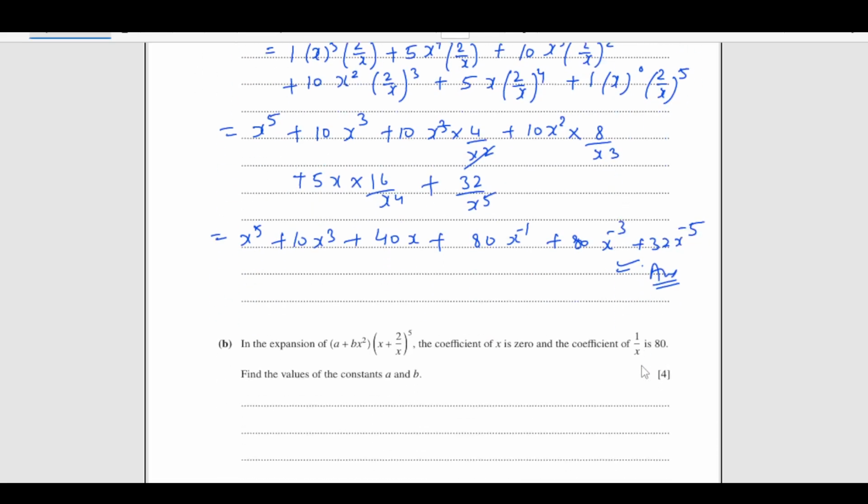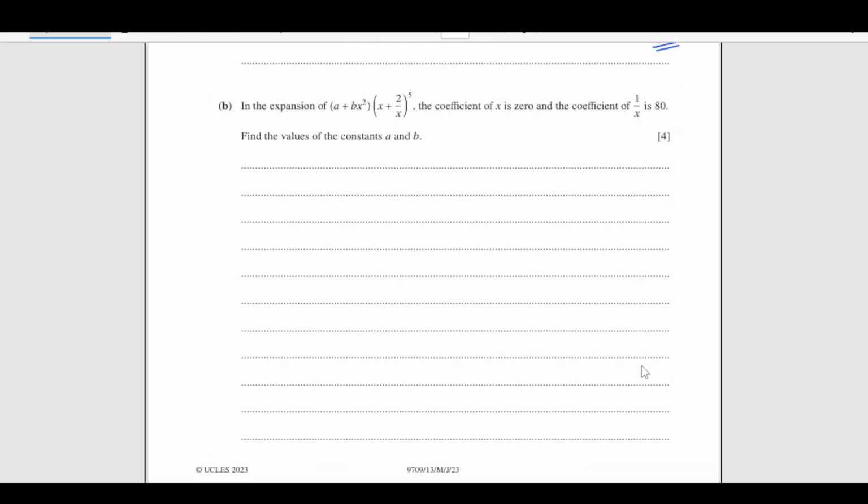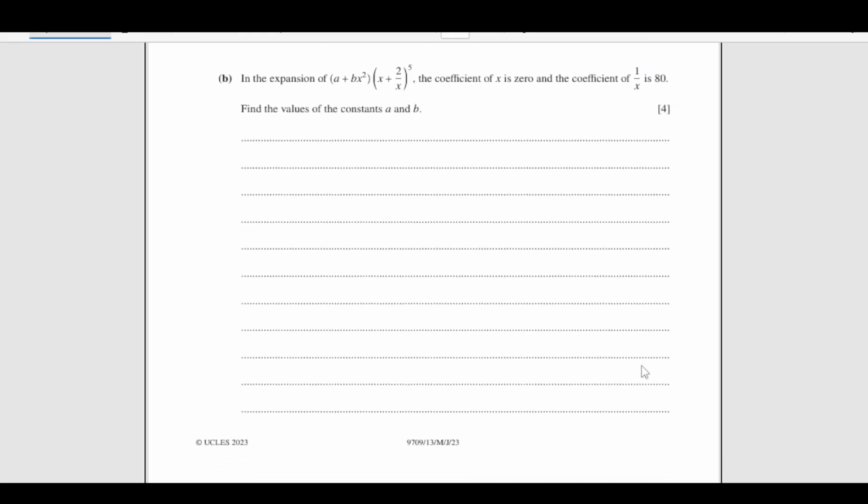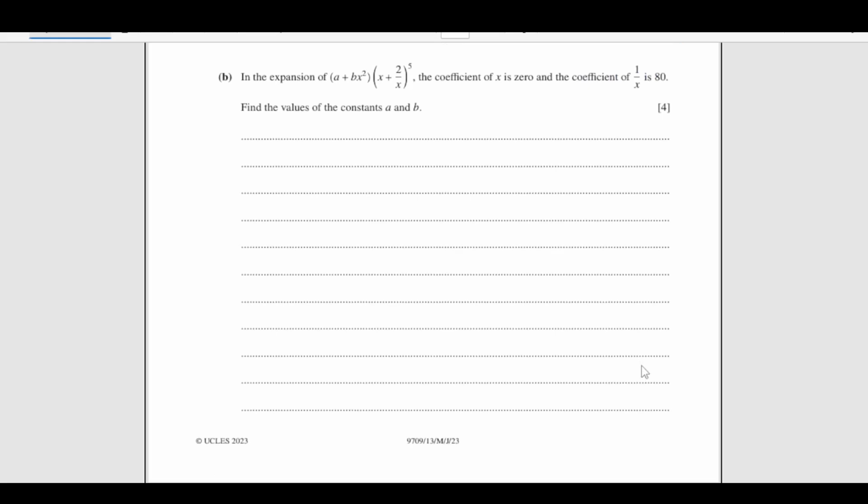Okay. Now part B, in the expansion of this, we are given that the coefficient of x is 0, and the coefficient of 1 over x is 80. Find the values of constants a and b. So let's take this one here, (a + bx²)(x + 2/x)^5. So let me rewrite this one.